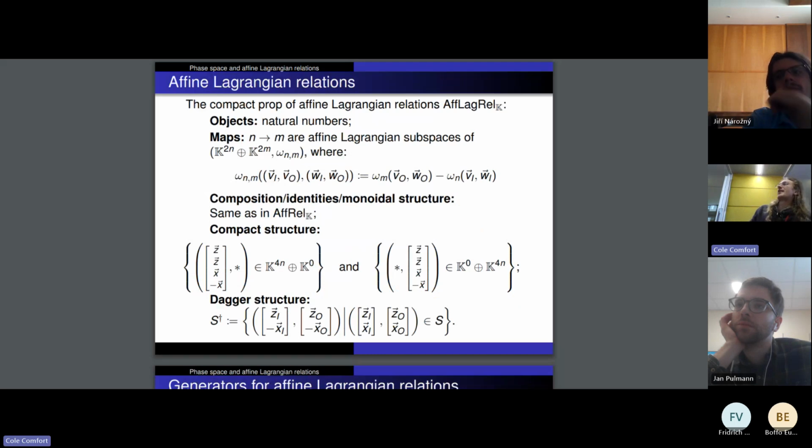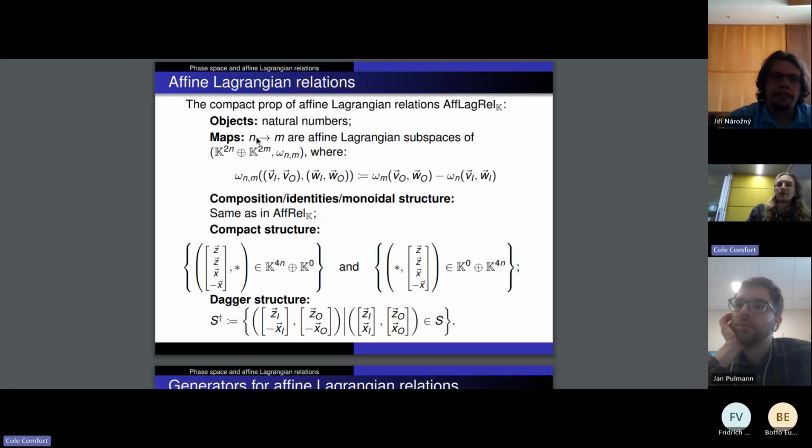And just like affine subspaces form a category of affine relations, these affine Lagrangian subspaces also form a category, and it's pretty much the same idea as affine relations, except now you have to be a bit careful.